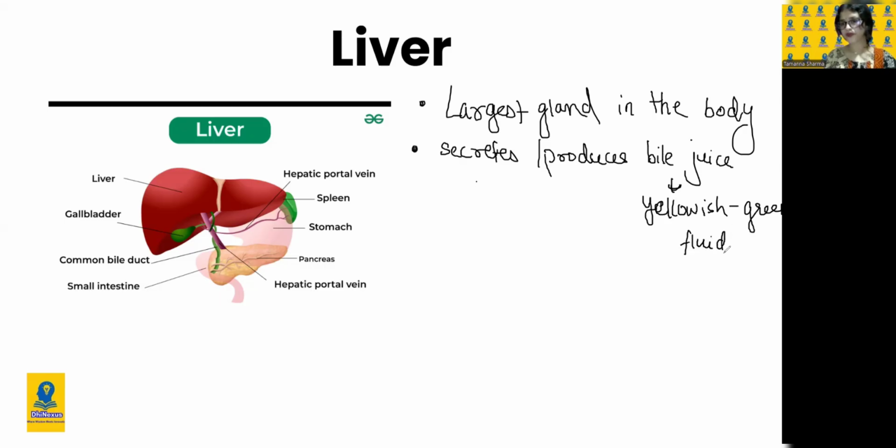And this bile juice is stored in the gallbladder. Can you see this gallbladder, right? So this bile juice, which helps, I'll tell you how it helps. So bile juice is stored in the gallbladder.